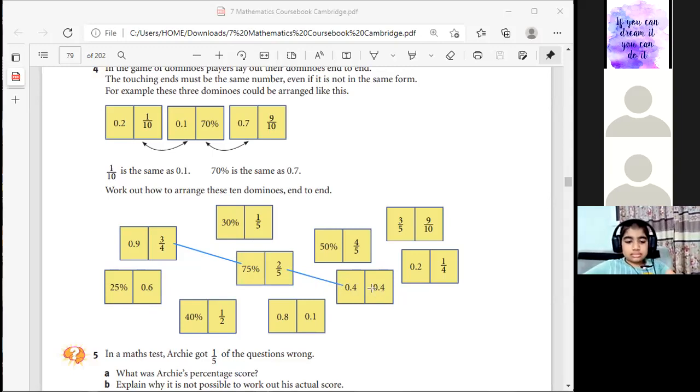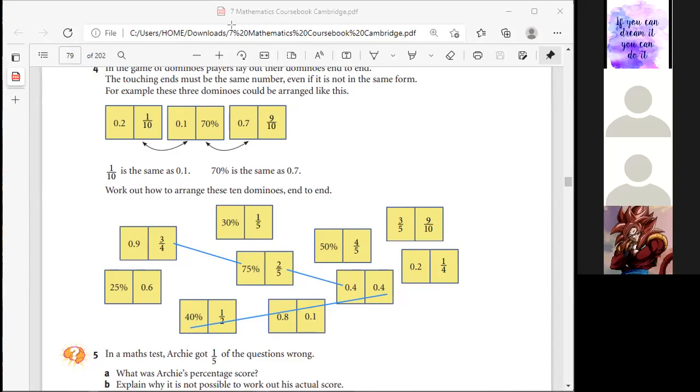Now I need to connect this 0.4 to something. Can it be connected to 0.2? No. Can it be connected to 40%? Because 0.4 means 40 upon 100. 0.40 means 40 upon 100. 0.4 means 4 upon 10.